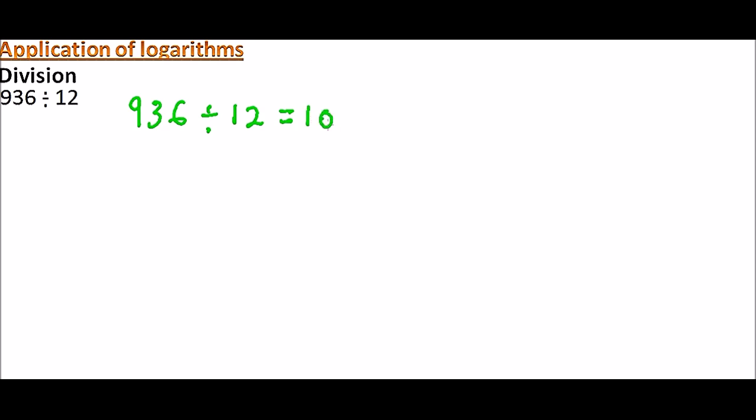This will give us 10 to power 2.9713, divided by 12 to the powers of 10, which is 10 raised to power 1.0792. We can apply the second row of indices since it is division.